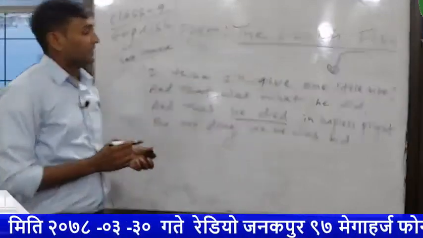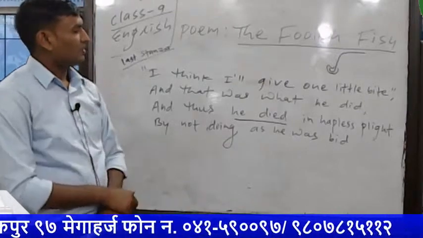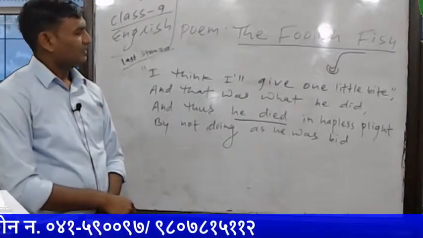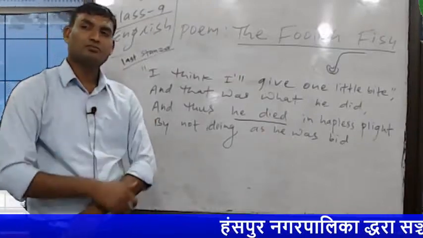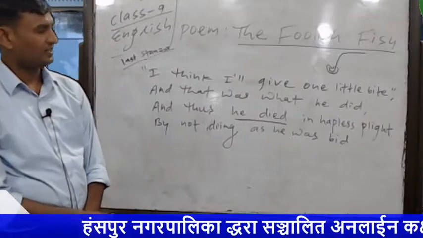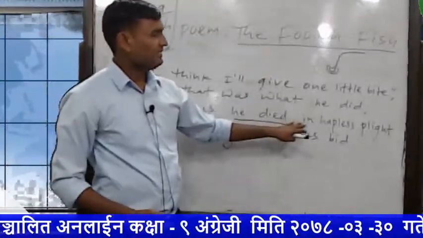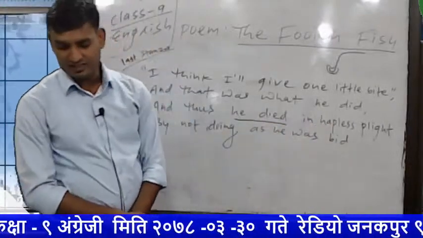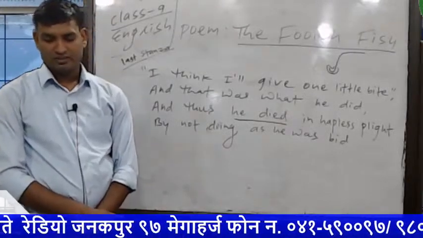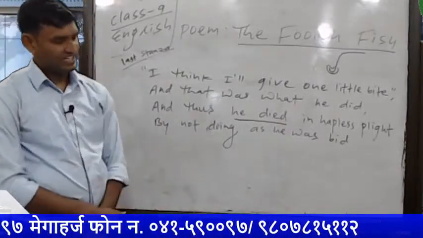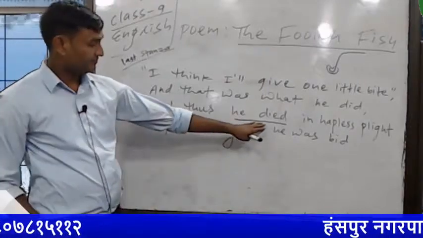When he bites the worm, the fisherman pulls the hook and he was caught and he died in helpless plight, unluckily or unfortunately, in pitiable condition. Plight means pitiable condition.